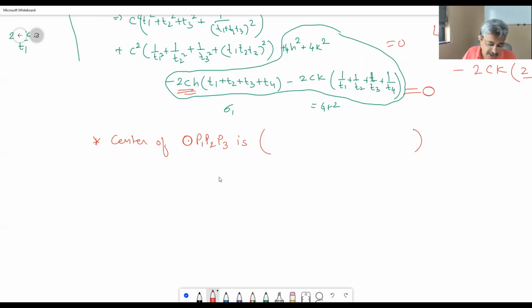Maybe if you would have done this earlier, we would have got our result quickly. But now, having done all the work, you should be able to report the center of circle P1, P2, P3 very quickly. Do it.